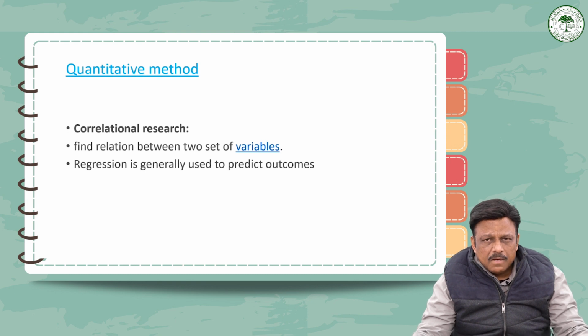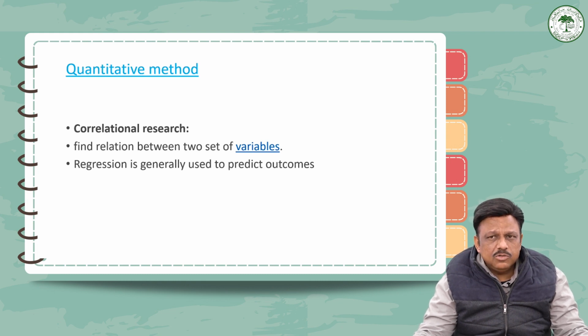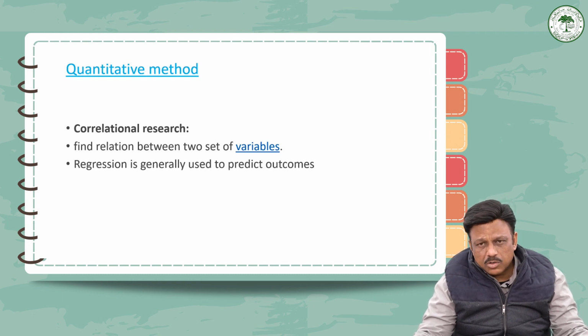Another form of quantitative method is correlational research. Correlation is used to find the relation between two sets of variables. Here regression, one of the statistical techniques, is used to predict the outcome of such a method. It can be a positive, negative, or neutral correlation as well.